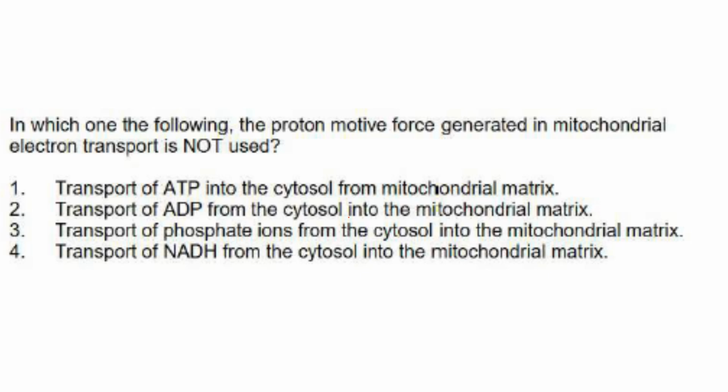Transport of phosphate ions into the mitochondrial matrix: there also it is used. Transport of NADH from the cytosol into the mitochondrial matrix: it is not used. For transport of NADH you use the malate-aspartate shuttle. So the fourth is the right answer.